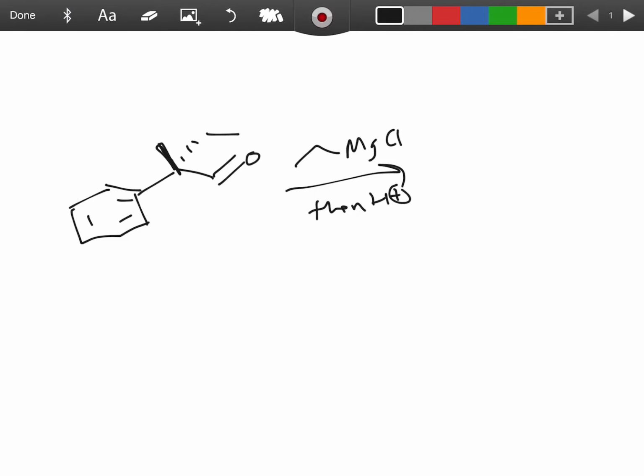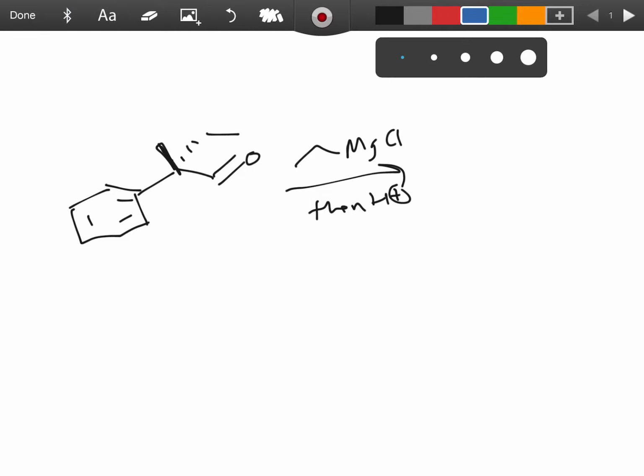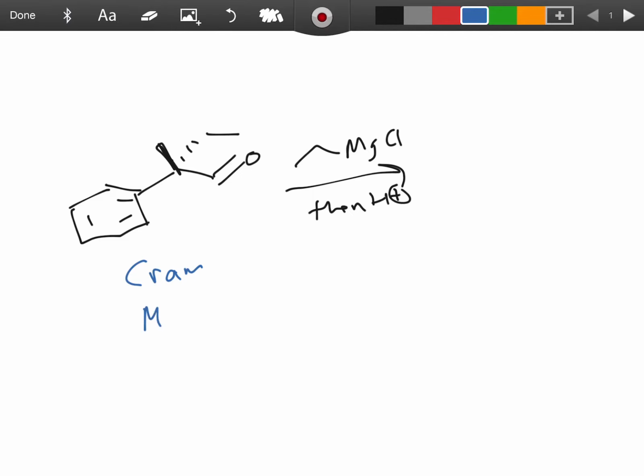We wanted to model how it would add. We wanted to predict the stereochemistry. We could use the Cram model because that's the one we know. So how would we do that?